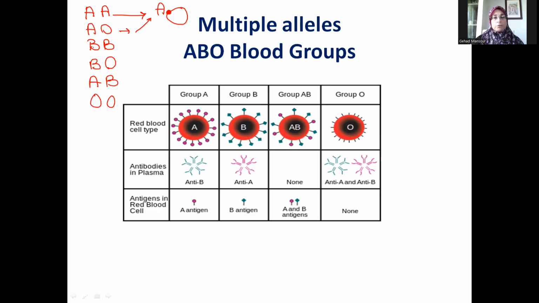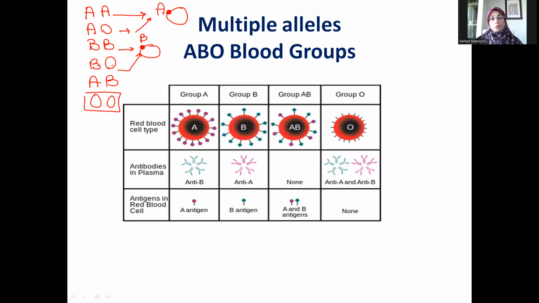If you have the genotype BB, because you are pure, you have 2 similar alleles, then there is no problem, and your red blood corpuscle will carry the B antigen. And similarly, if you are BO, your phenotype will also be B, because O is recessive to B.